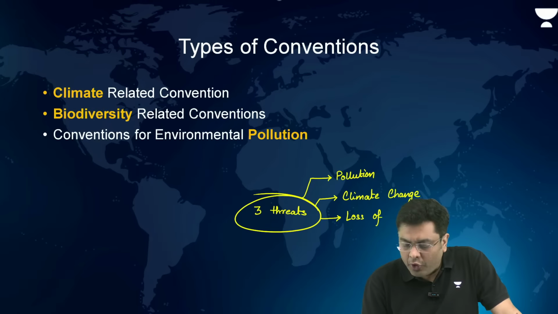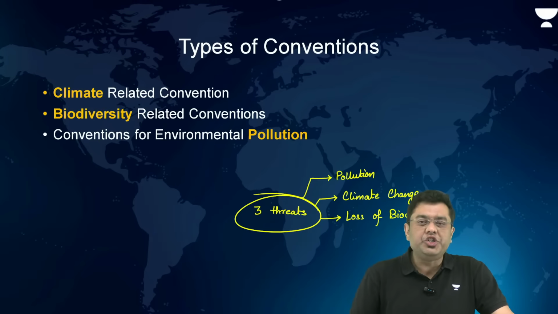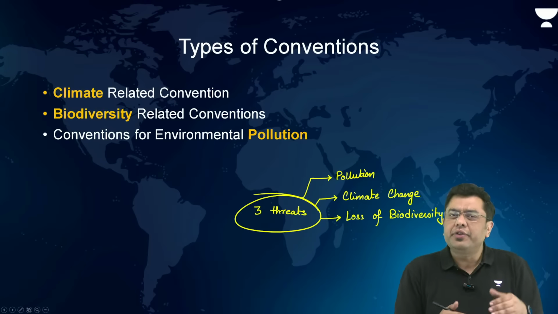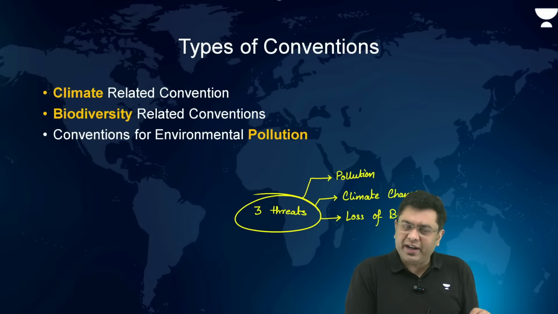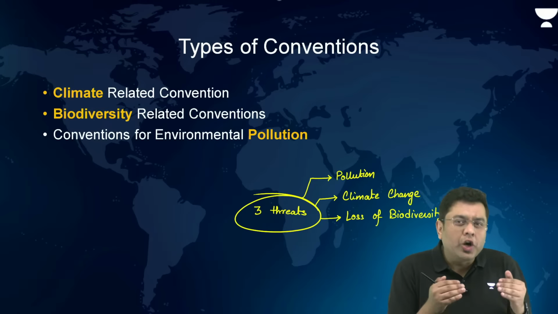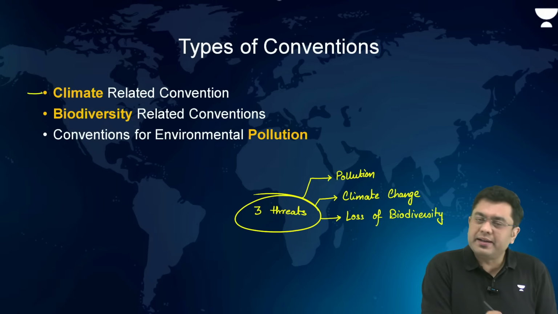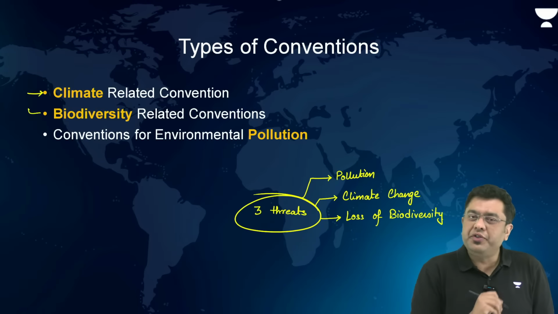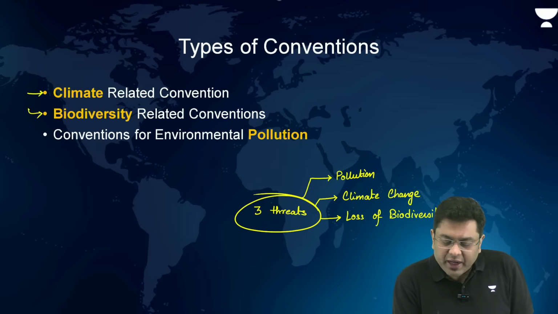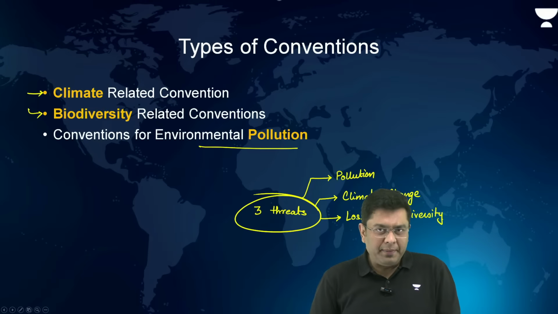Right? So, after the identification of these 3 threats, that is when the global action was initiated on each of these threats. Now, accordingly, we have climate-related conventions, we have biodiversity-related conventions, and we have conventions associated with environmental pollution.